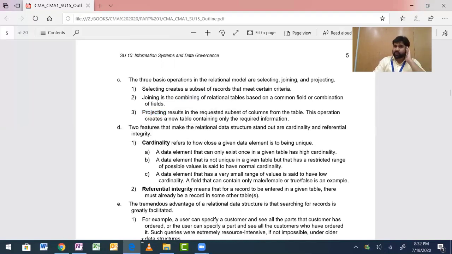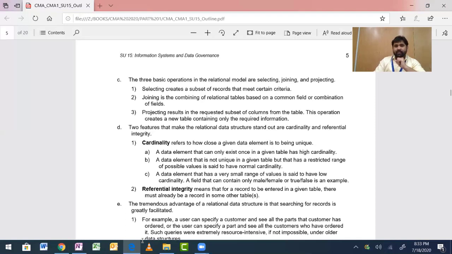Fine. Two features that make the relational data structure stand out are cardinality and referential integrity. So first, cardinality refers to how close a given data element is to being unique. A data element that can only exist once in a given table has high cardinality. There are two words, cardinal and ordinal.